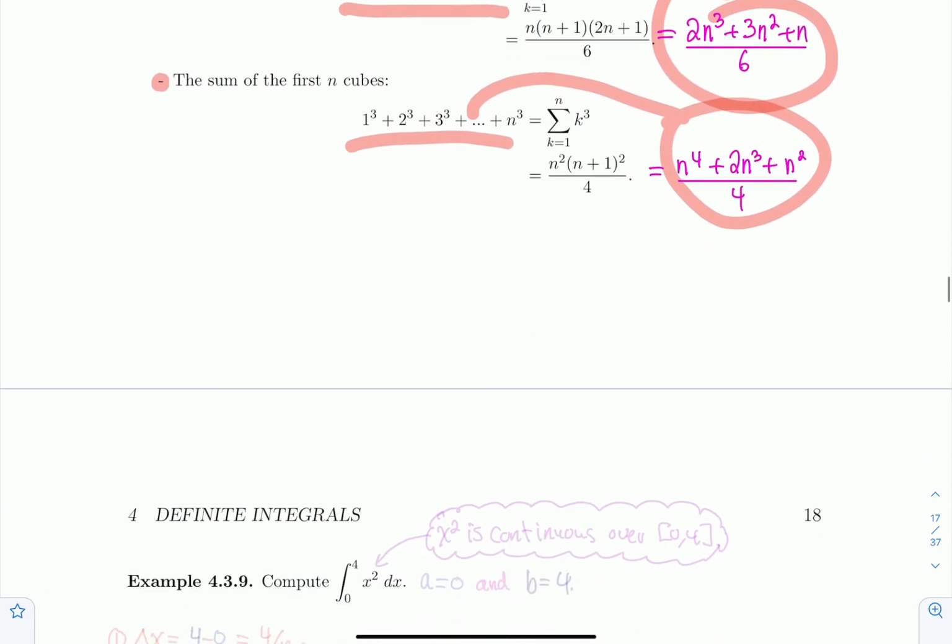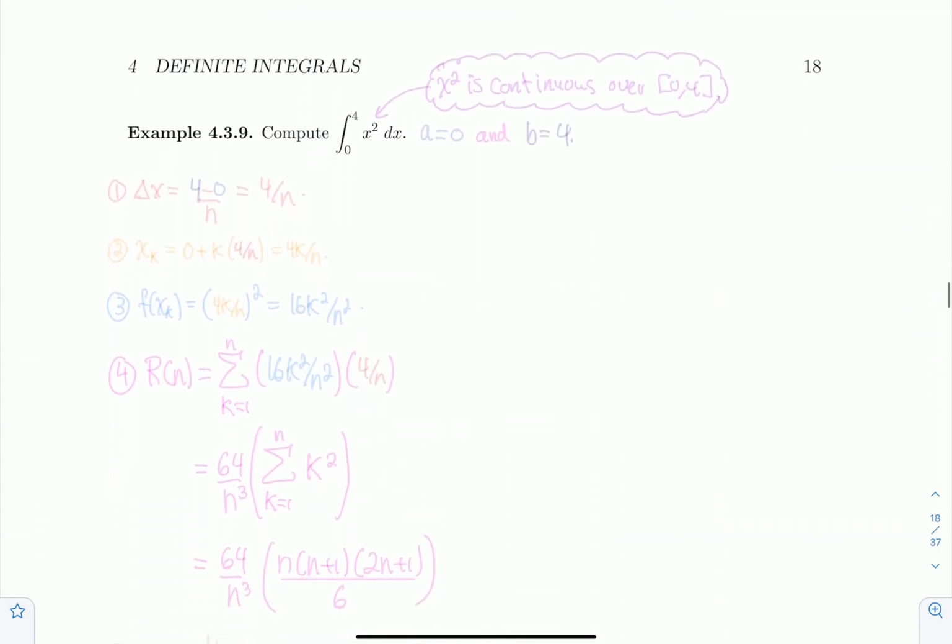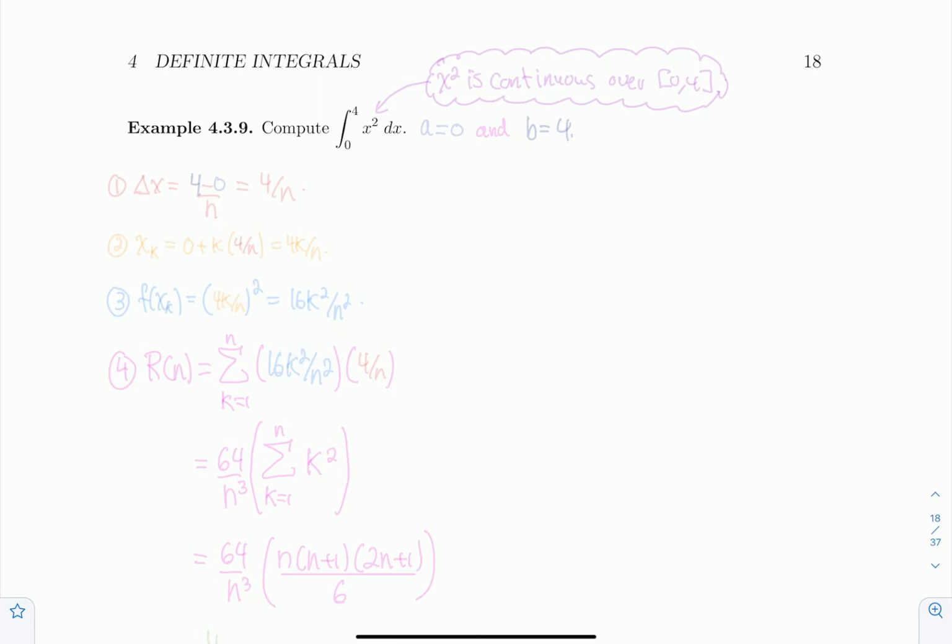Here we go. Let's compute the integral between 0 and 4 of x squared dx. The first thing to notice here is that the function x squared, which is a polynomial of degree 2, is always continuous over its domain, which is R. So in particular, x squared is continuous over [0, 4]. This is very important because this gives us the green light on using the theorem.